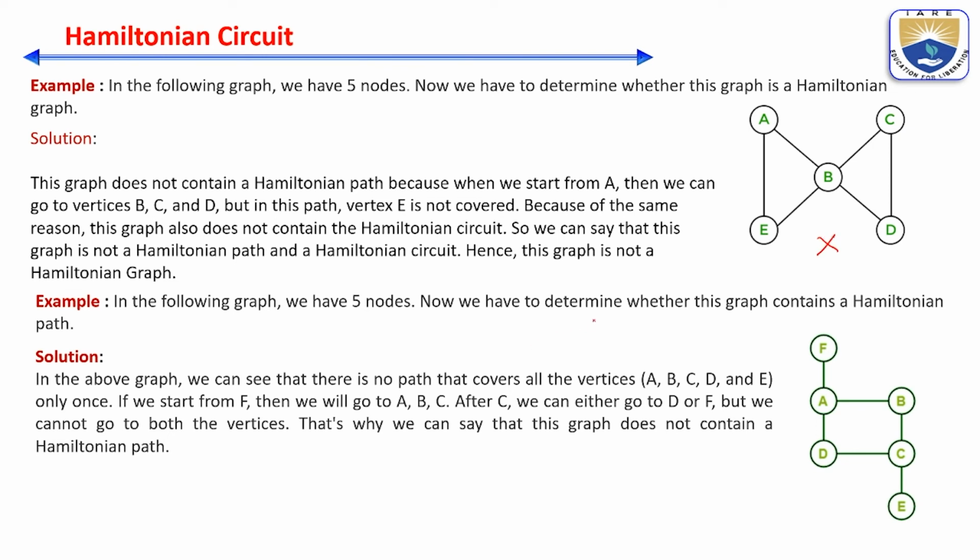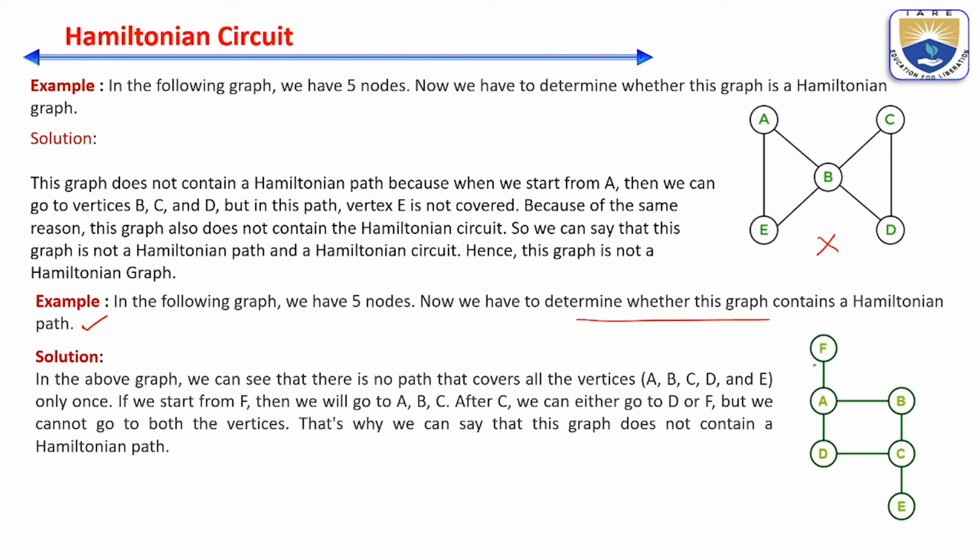The next one is to determine whether the graph contains a Hamiltonian path or not. A Hamiltonian path means any path which has all the vertices of the graph. Let us say A, next B, C, and so on.